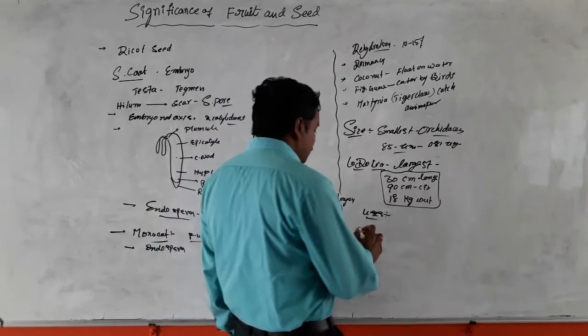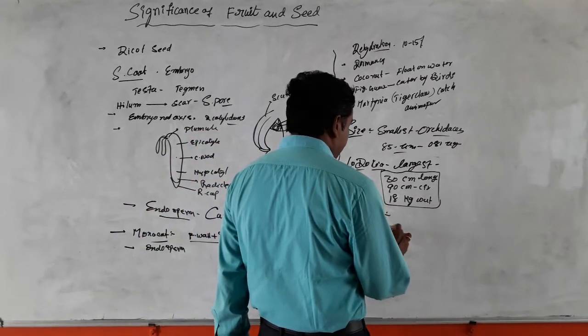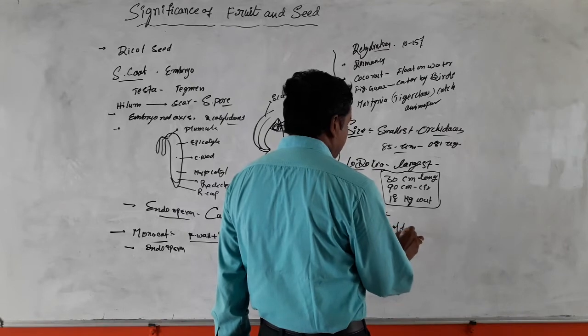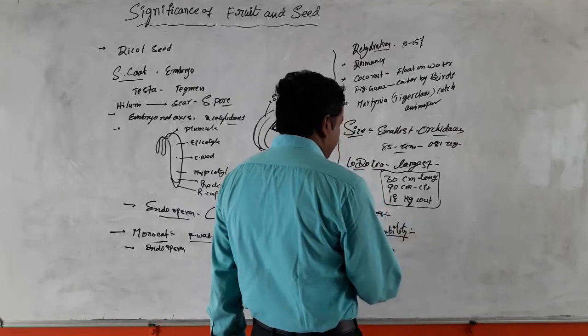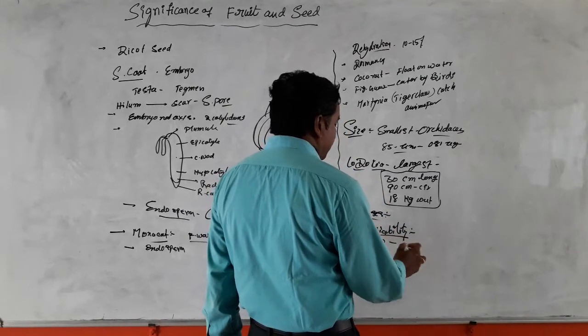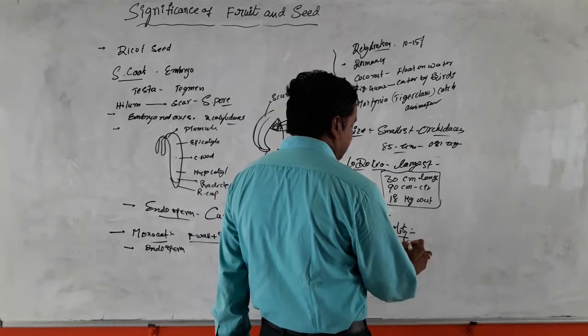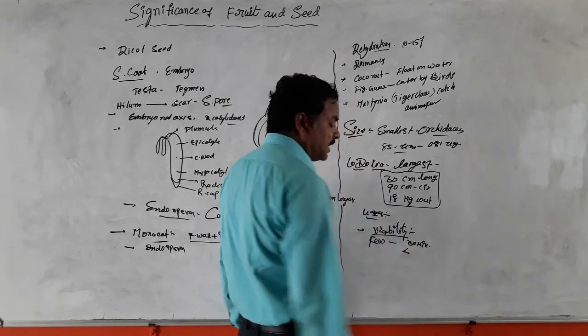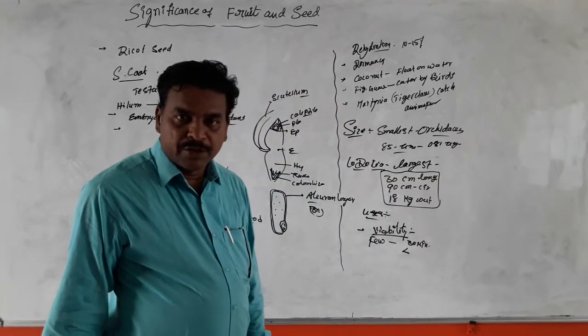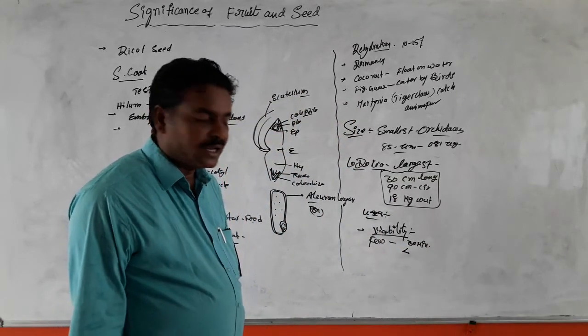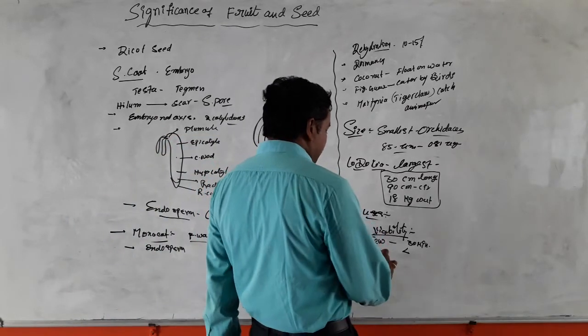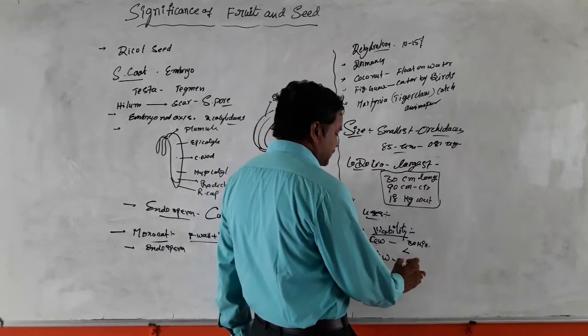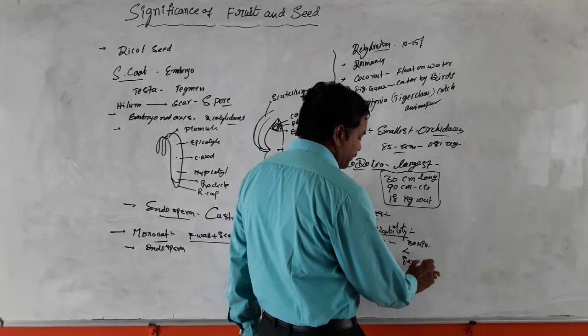So students, now coming to viability of seeds. In a few members, such as Poaceae, viability lasts less than 30 minutes. At the same time, in some members it lasts several years.